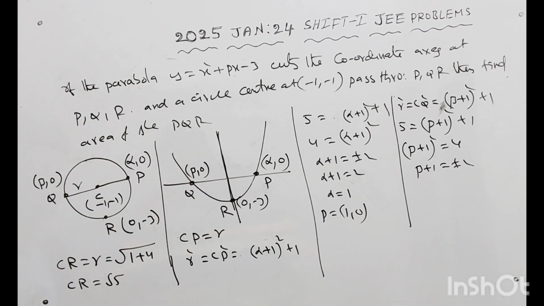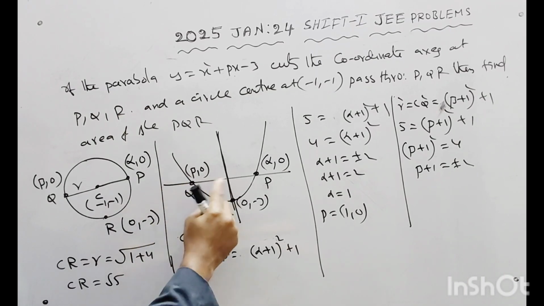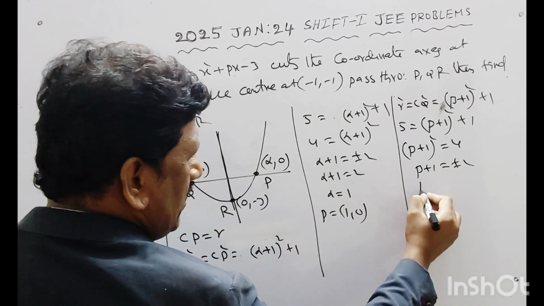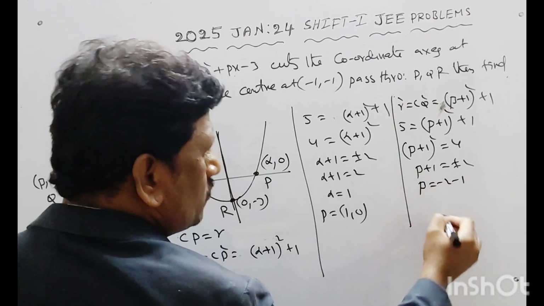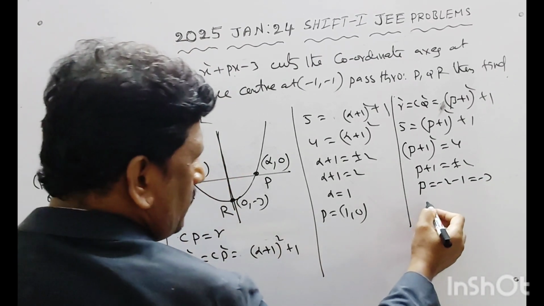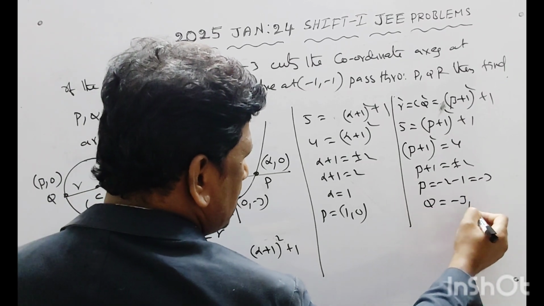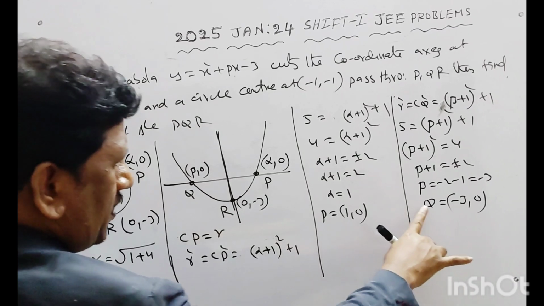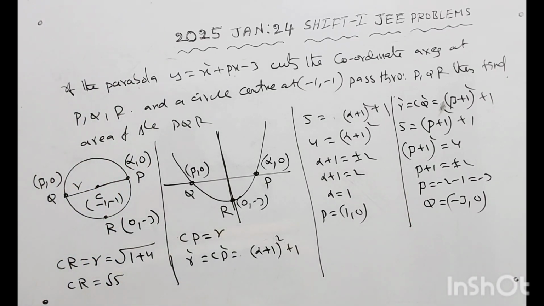We take beta negative on the x-axis, so minus 2, and beta is minus 3. So the Q point is minus 3 comma 0. We got the P point, the Q point, and the R point.